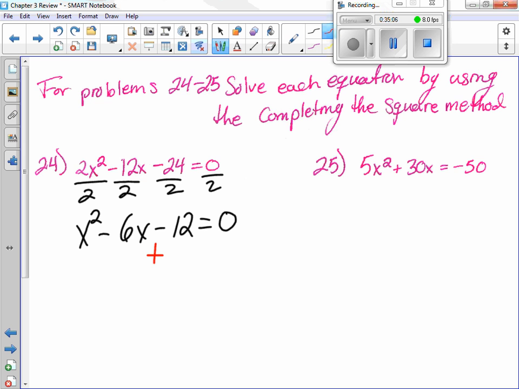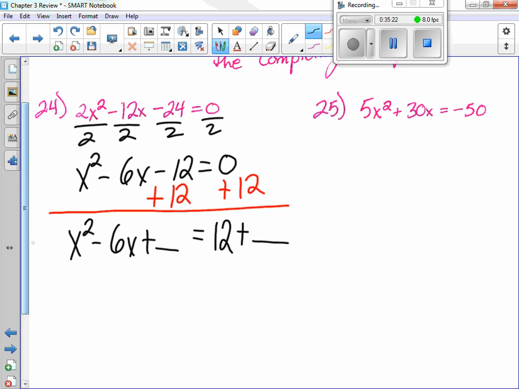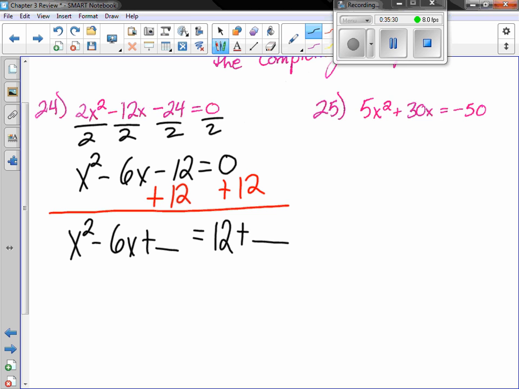Then we can move it over because we will need to move it over. We would add 12 to both sides. Base equals 12. Because that would be our next step. Because again, we are eventually going to move it to the other side to do completing the square.